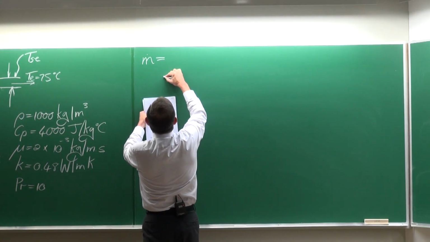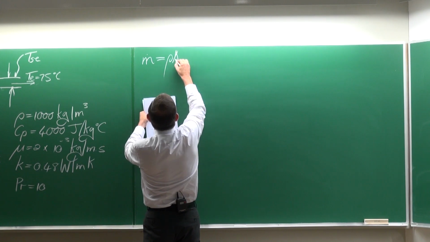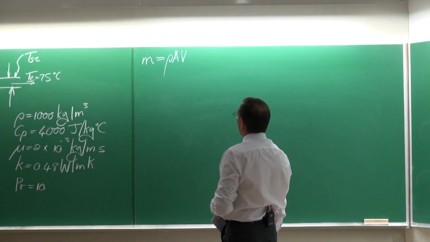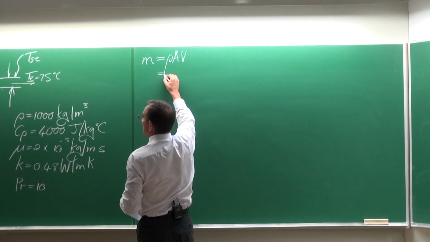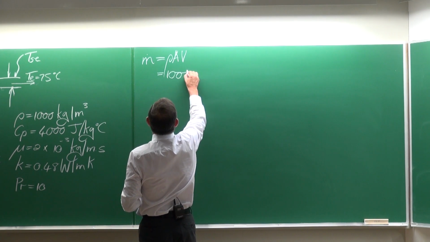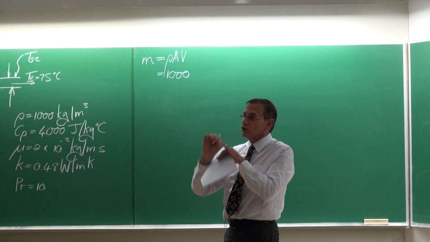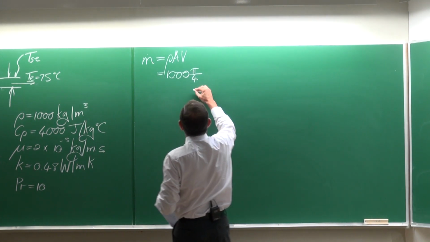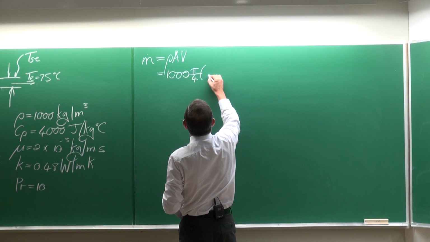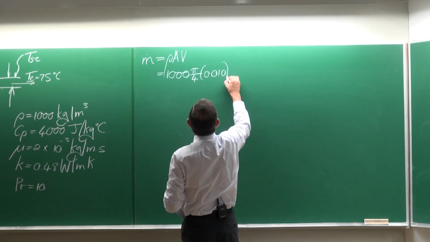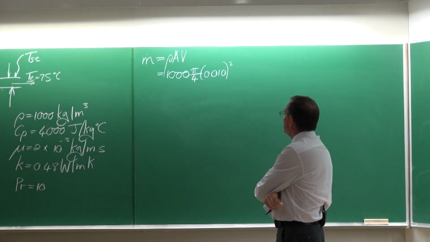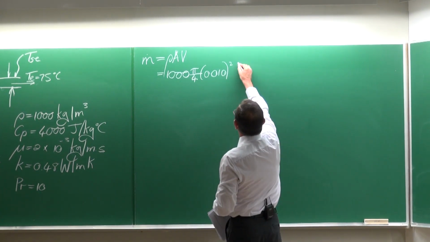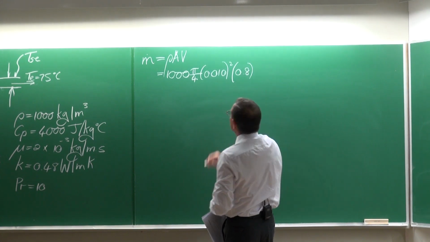The mass flow rate is equal to the density multiplied by the surface area through which it flows, multiplied by the velocity. The density is 1,000. The cross-sectional area through which the fluid flows is pi divided by 4 multiplied by 0.010 squared, because it's a 10 millimeter tube, and then the velocity is 0.8 meters per second.